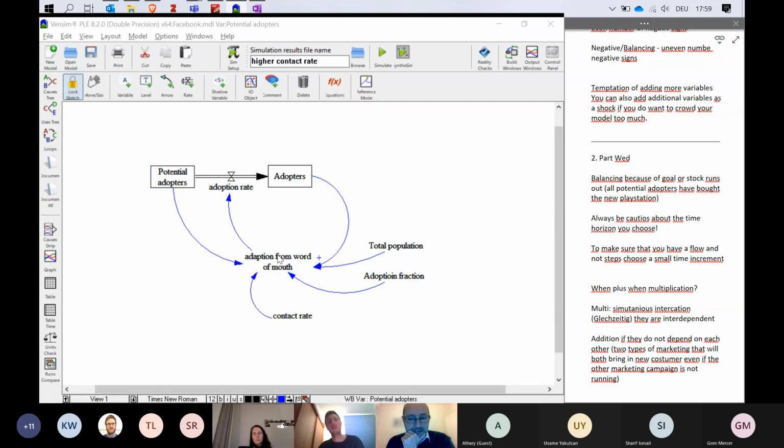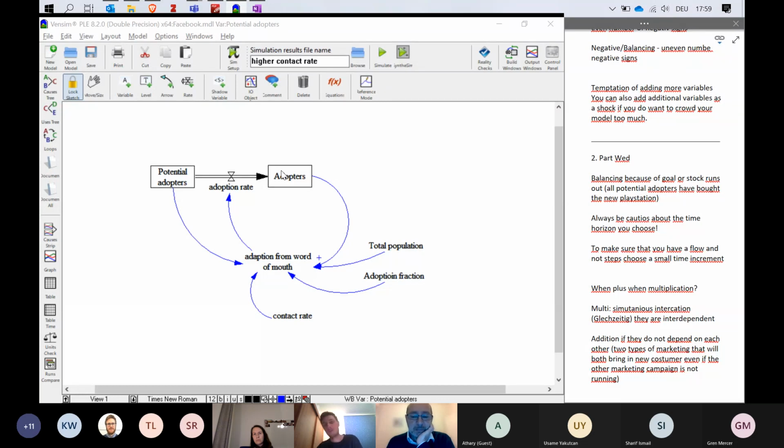Yes, that's right. And only if there's an arrow in between can we use the variables in these equations. So I couldn't, for example, use contact rate in the adopters right now because there's no arrow.